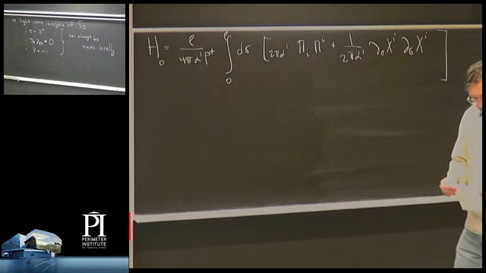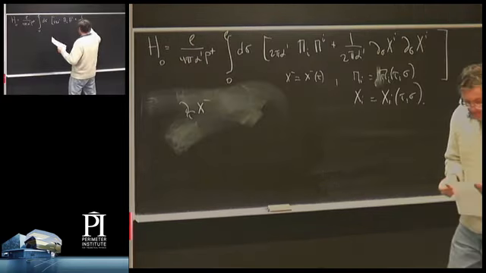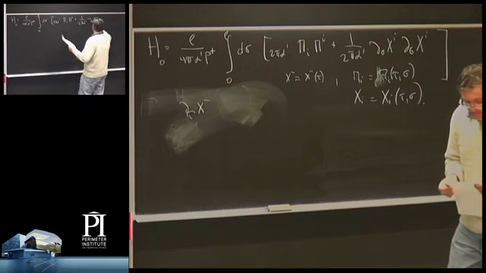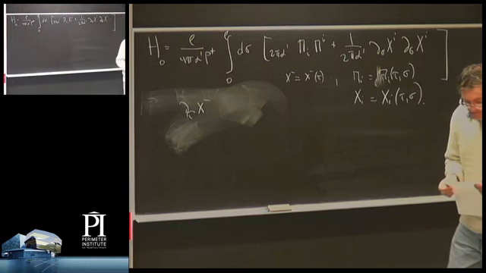It takes a very nice quadratic form in pi and the derivative of x i. So that was our Hamiltonian for the open string, and that's our starting point.